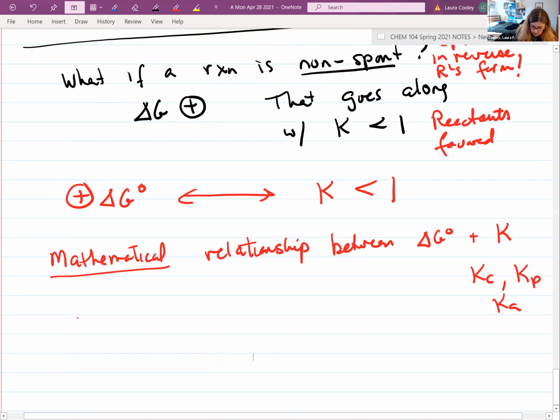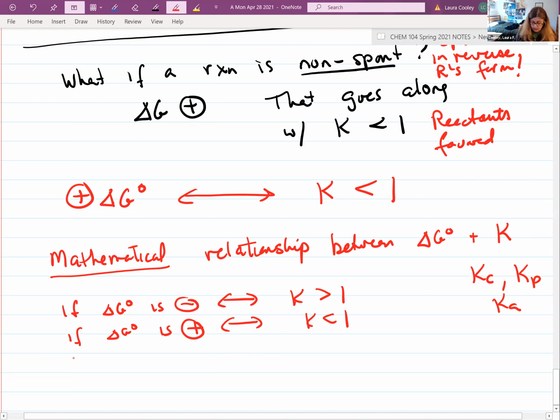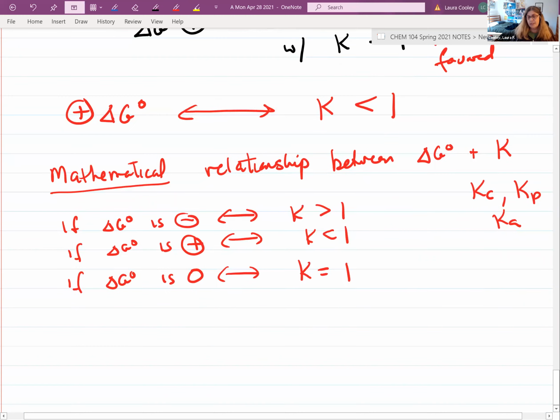If the delta G0 is negative, it goes with a K that's greater than 1. If the delta G0 is positive, it goes with a K that's less than 1. If the delta G0 is 0, which we've never run into because we've never had reactants and products with the same delta G, but if we did, it wouldn't favor reactants or products, and the K would be equal to 1, right? Your products over reactants would be 1.